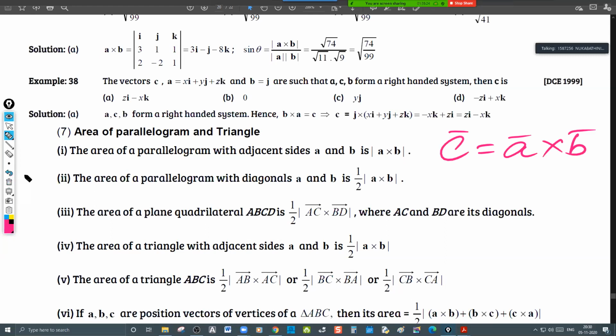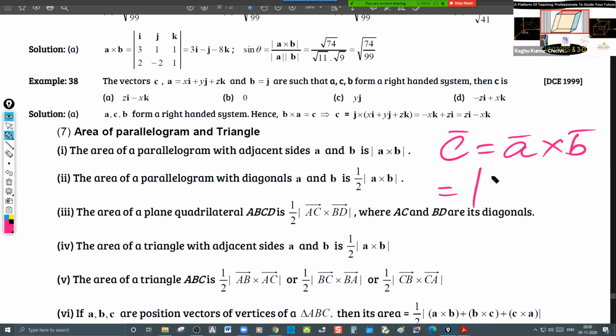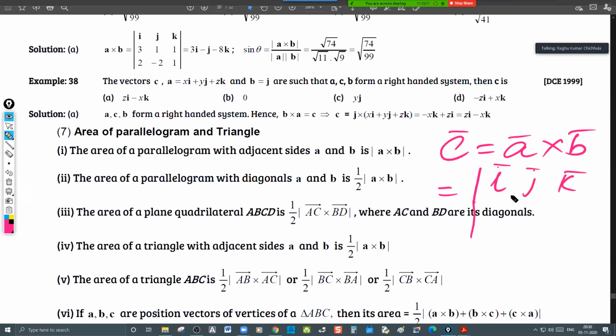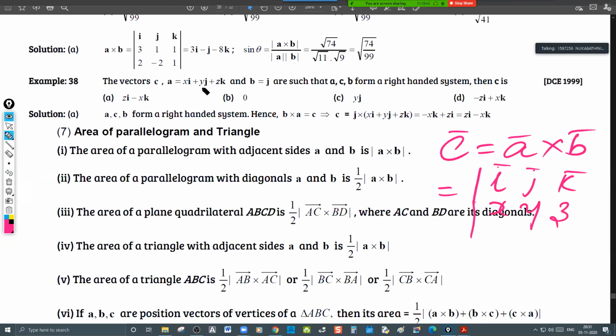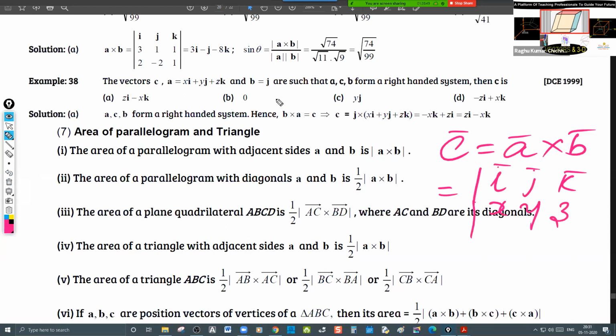Which is equal to xi plus yj plus zk cross j. First of all, the cross product: the first row is i j k, the second row is x y z, and the third row is B bar, which is 0, 1, 0, since B is given as j.